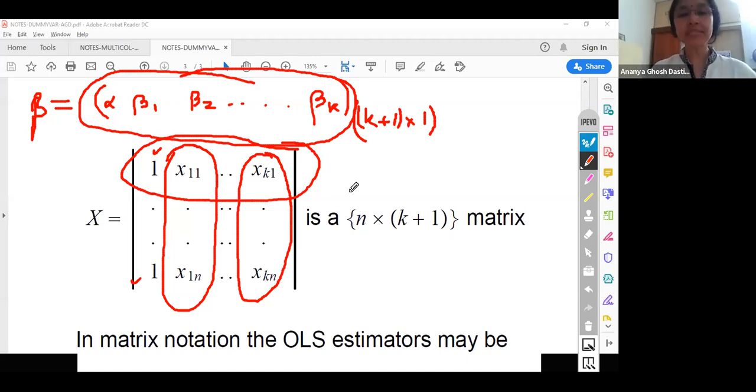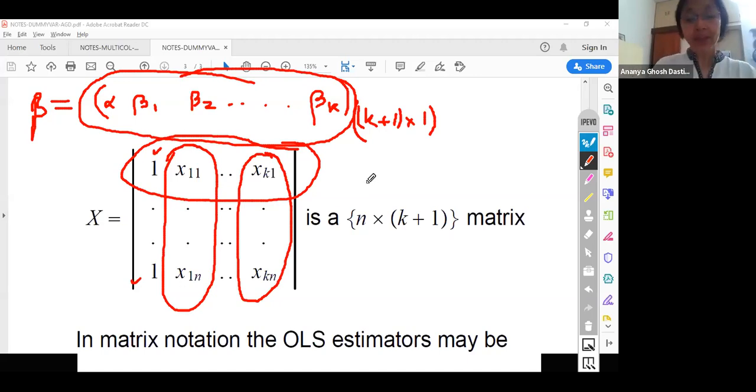But basically, the point I want to bring out is that the X matrix has a column of ones, and the X matrix is giving you the full data range in terms of all the X variables and all the observations.